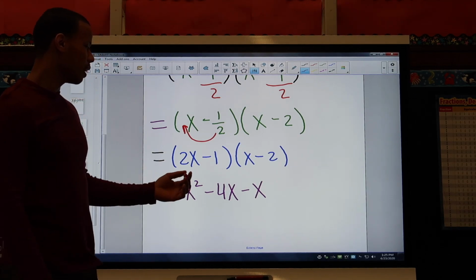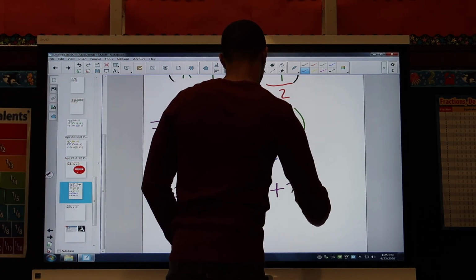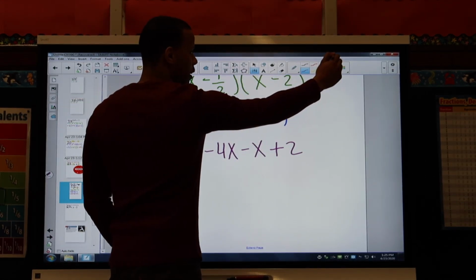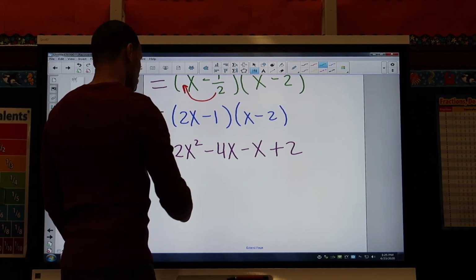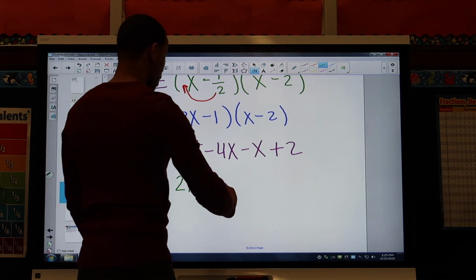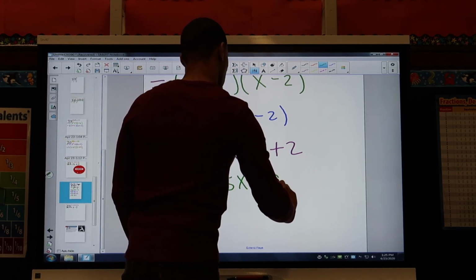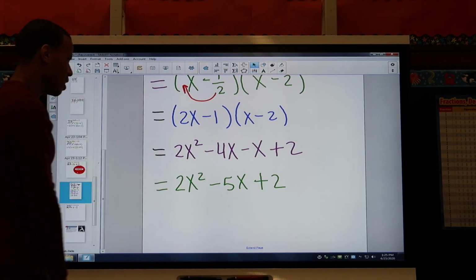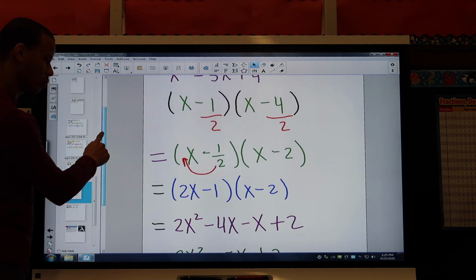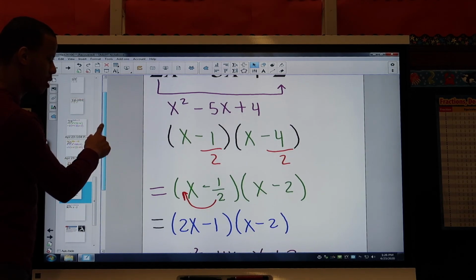And then negative 1 times negative 2 is going to be positive 2. Now let's combine like terms, okay? So this will be equal to 2x squared minus 5x plus 2. Now let's see, is that what we started with? There we go. So that's what it is.